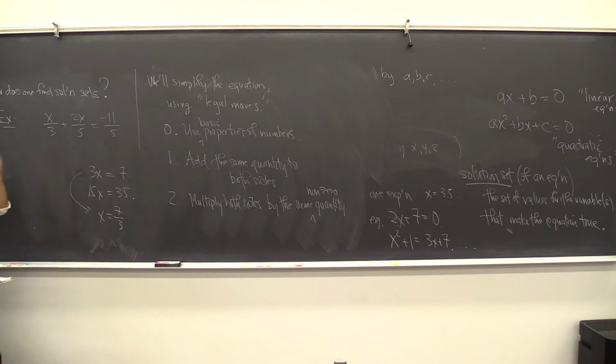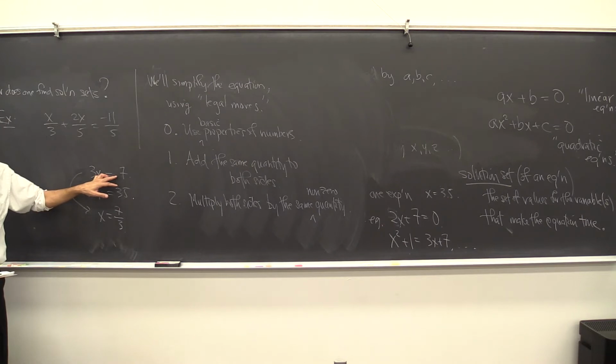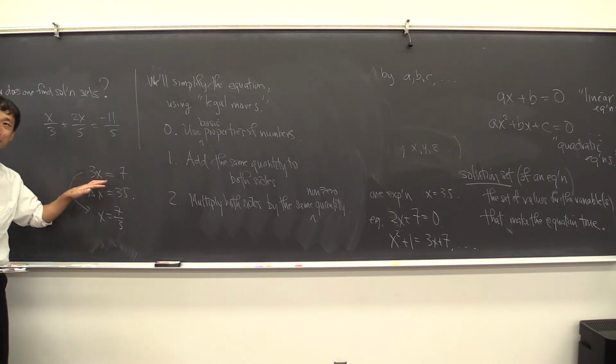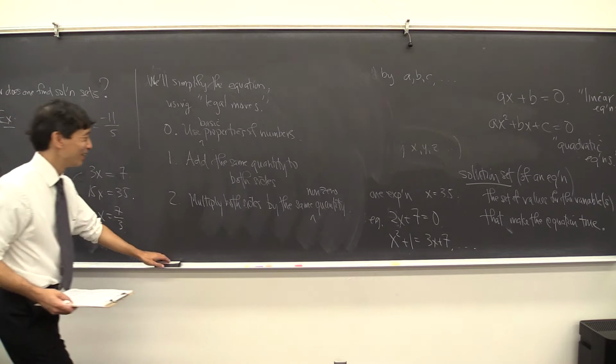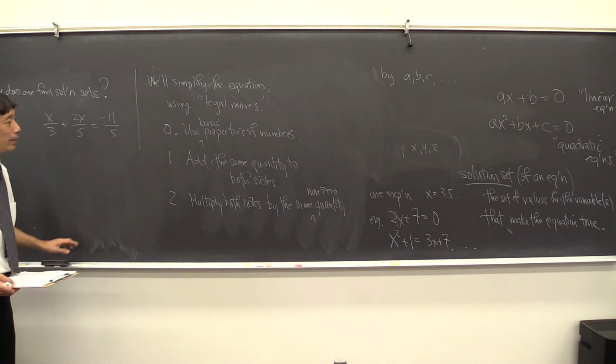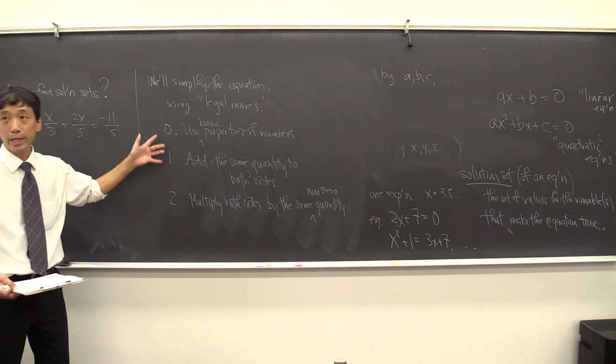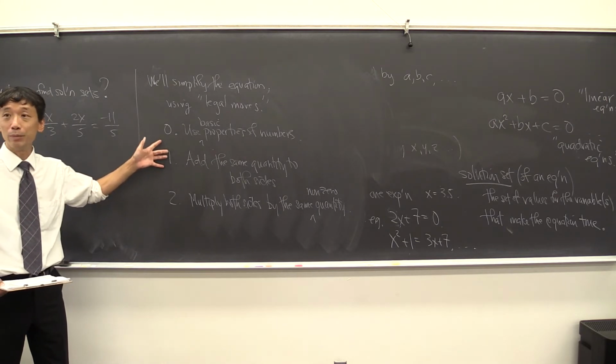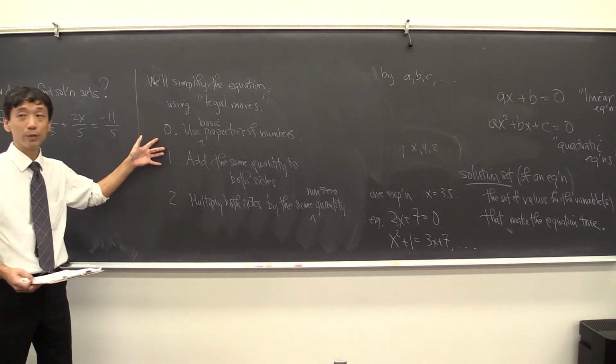It's okay to multiply an equation by a number as long as it's a non-zero number. Does that seem okay? Good, that's familiar. And these are basically all you want to use to solve your equation.